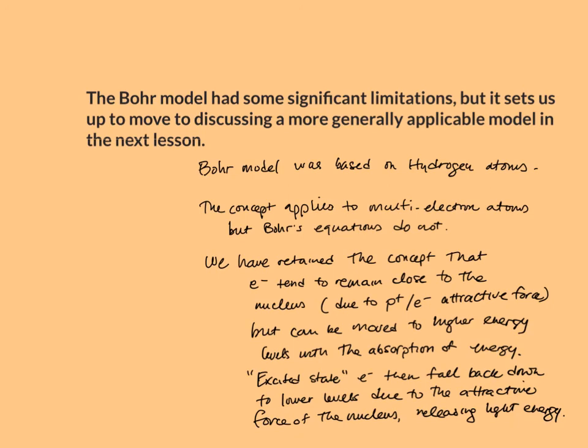But we do hold on to the concept that electrons remain close to the nucleus if possible, if we leave them alone, but they can be moved to a higher energy level with some force, particularly energy absorbed. But those excited state electrons will then fall back down to be closer to the nucleus, releasing light energy.